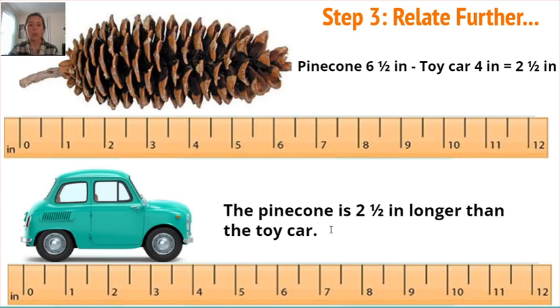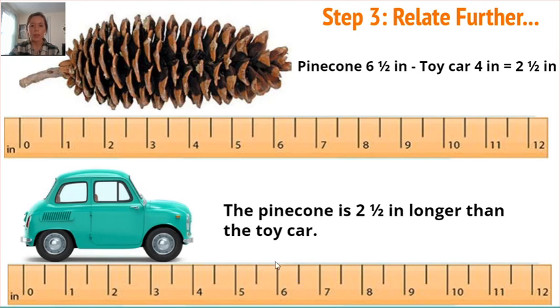All right, maybe you're like, wait, how did you get that? How do you even know that? Let me show you. You can see that even visually by placing these two items together. We can see 6.5 right here, if we put that on the same one as the toy car, and if we go down, we see how much we can go down.